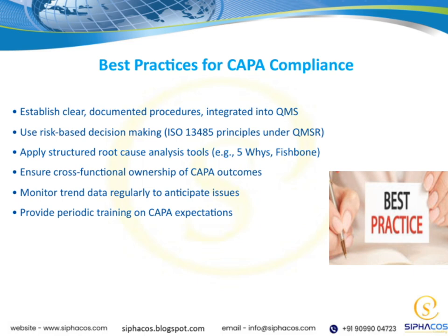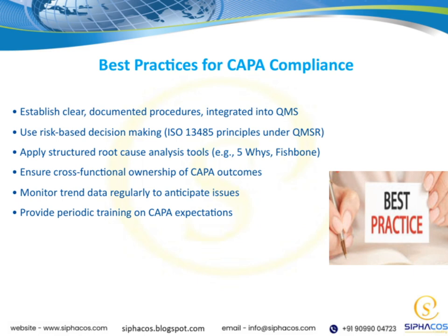This means evaluating potential risks at every step to prioritize actions effectively. Applying structured root cause analysis tools, like the 5 whys or fishbone diagrams, is also essential. These tools help us dig deeper into issues rather than just addressing surface symptoms, leading to more effective corrective actions.